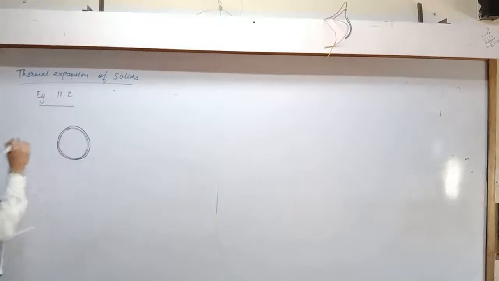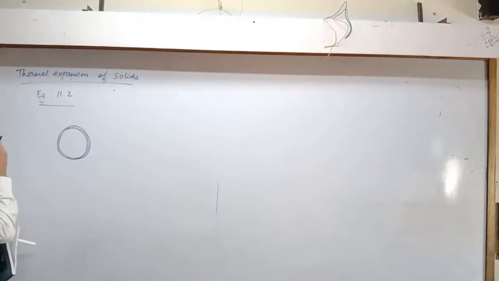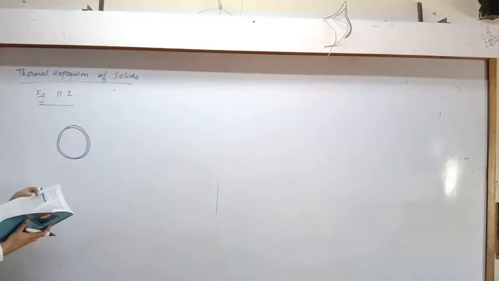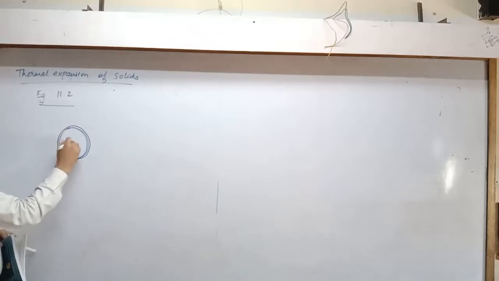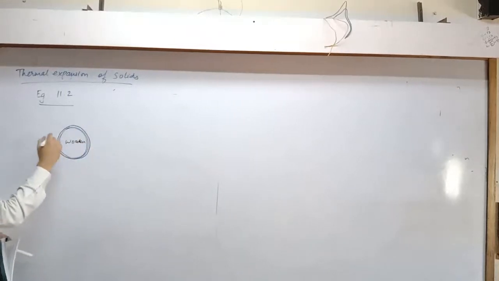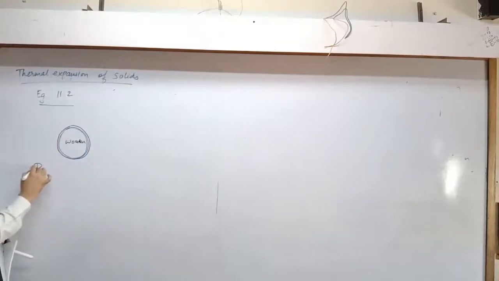Can you imagine what I'm saying? The diameters of the rim and the iron ring are given respectively. So there is a wooden wheel, and the iron ring is on it.